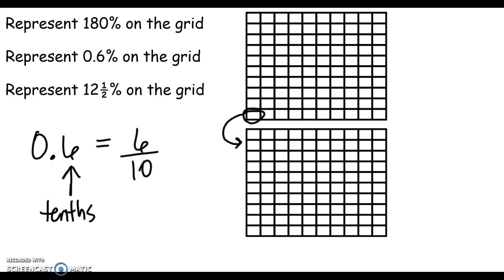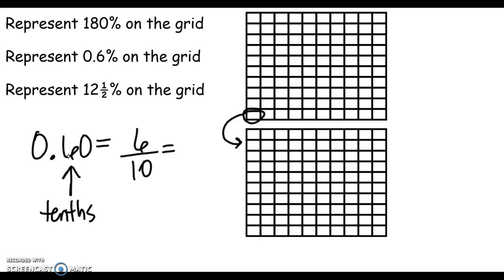Okay, we know that 0.6 is less than 1, so we need to take 1 and blow it up or zoom in. Now, 0.6, the 6 is in the tenths spot. So we know we could write this decimal as a fraction 6 over 10. Now, if we think about dividing this hundredths grid into groups of 10, that means each column would be one group, and we need to fill in 6 of these groups. Another way to look at this would be to write this with a 0.